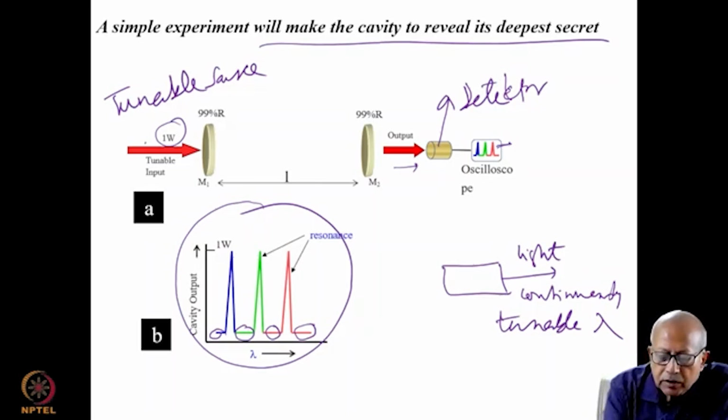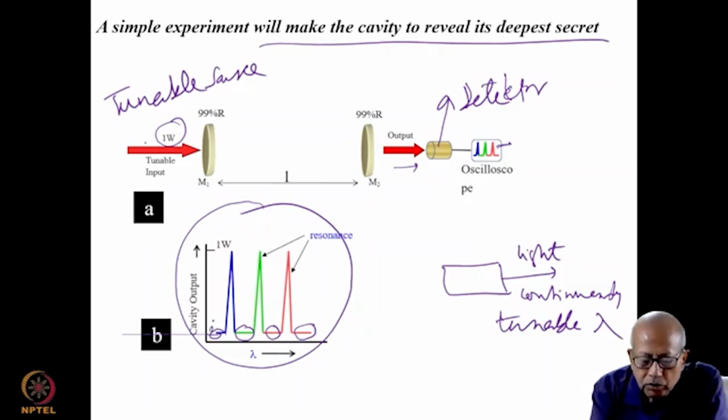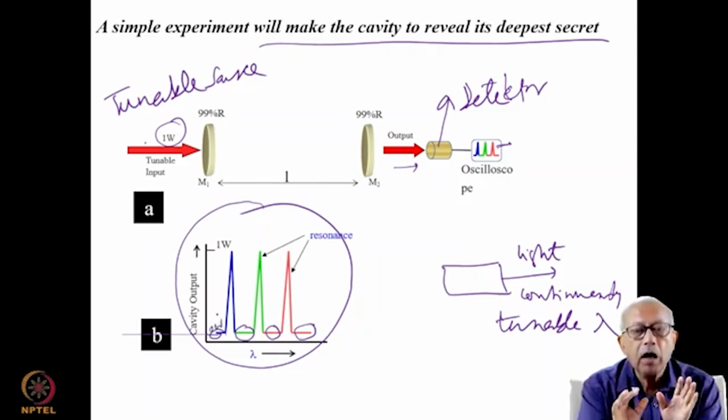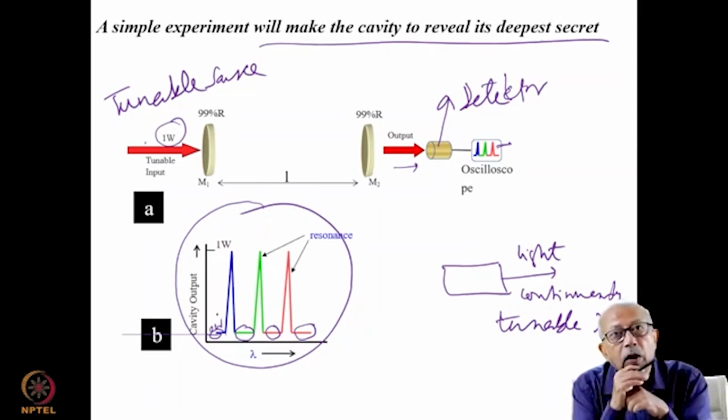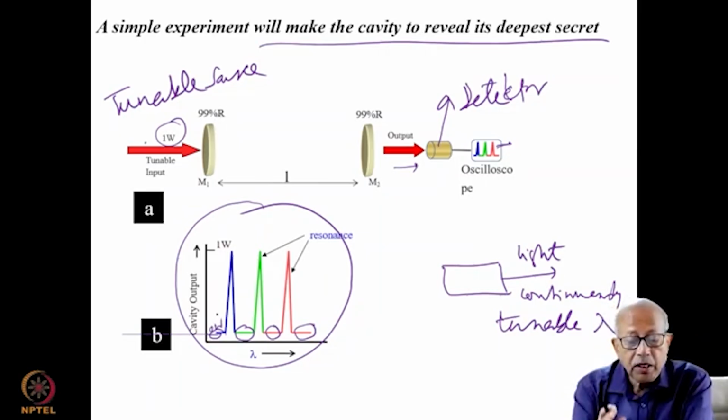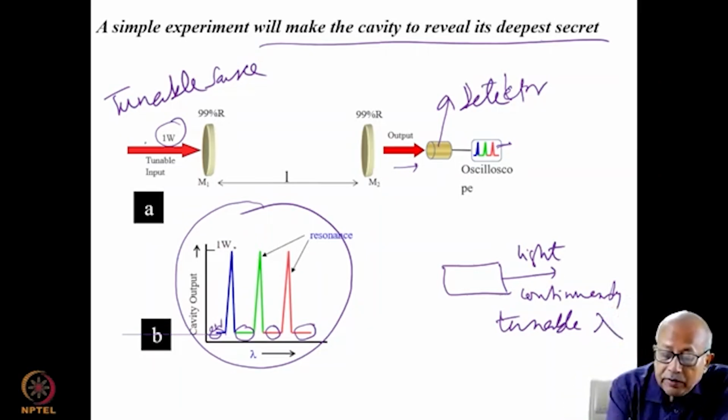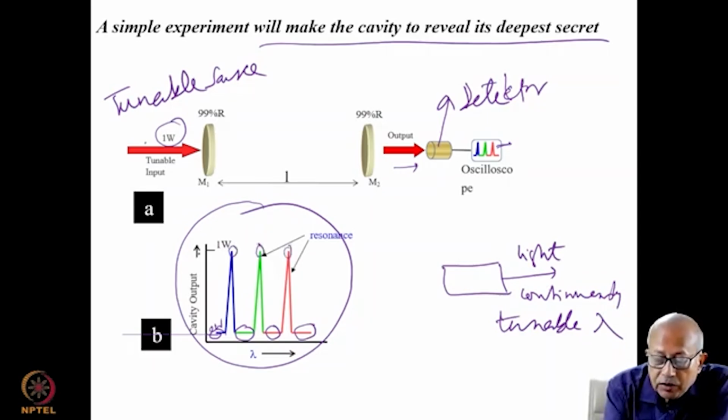This is the intensity transmitted by the cavity, and this is the wavelength. For most of the wavelengths, as you can see, the cavity transmits hardly 0 watt. Quite understandable, that's what we just calculated. However, what is intriguing is that at certain discrete wavelengths, the cavity transmits almost whatever is incident on it, the entire 1 watt.